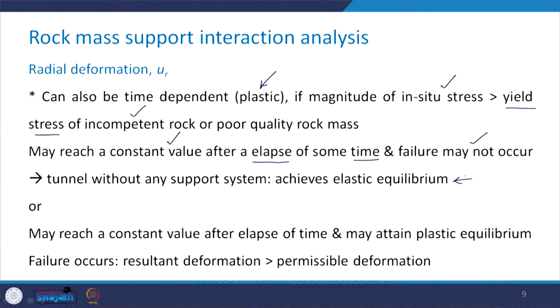That tunnel without any support system achieves the equilibrium, or it may reach a constant value after the elapse of time and may attain the plastic equilibrium. In this case, the failure will occur and the resultant deformation is going to be more than the permissible deformation.